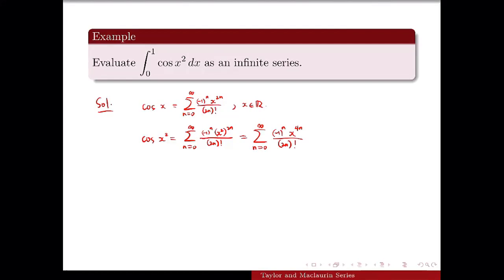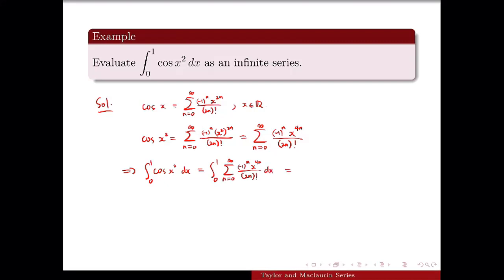So this means integral of cosine x squared dx. This is equal to the integral, sorry, it's evaluated from 0 to 1. So we have 0 to 1 here, 0 to 1 here. We have the sum from 0 to plus infinity, negative 1 to the n, x raised to 4n divided by 2n factorial dx.